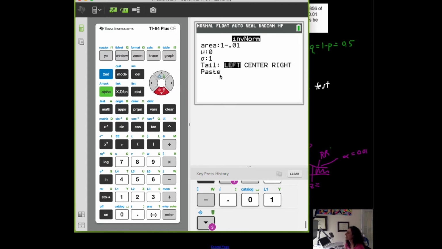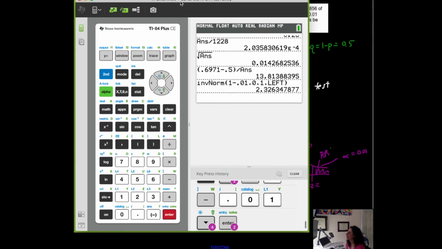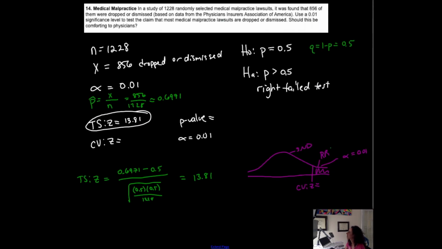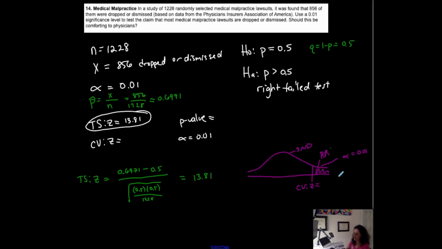I'm always leaving this as left because not everybody has this option. And then I get 2.33 approximately, rounded to the nearest hundredth. If I want to be really careful, I can go even further, but typically for z-scores, two digits is fine, 2.33. So my critical value is 2.33.